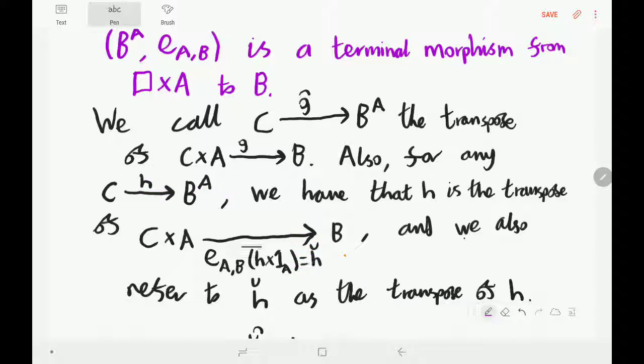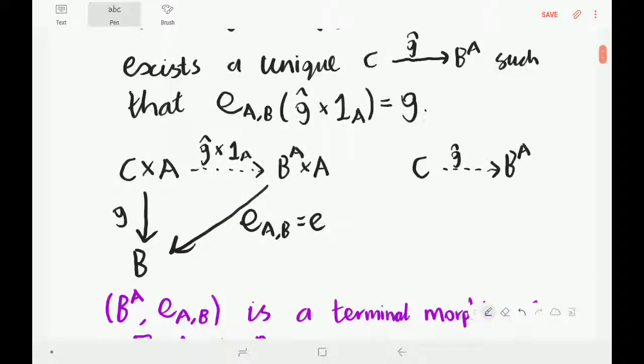Okay, so what I'm saying is that we really have these two different arenas now that we can talk about arrows. And this is very important to understand. This is really the core idea behind exponential objects. It allows us to go from talking about arrows into the exponential object, so an arrow from C to B to the power of A, and we can go from that to get an arrow G from C times A to B by just taking this G cap here and doing E after G cap times 1.